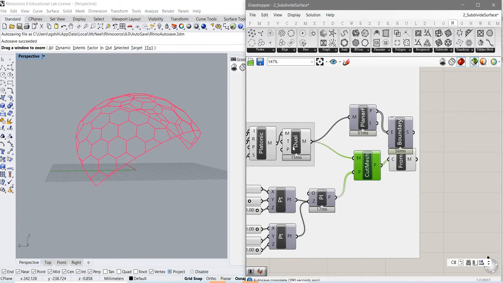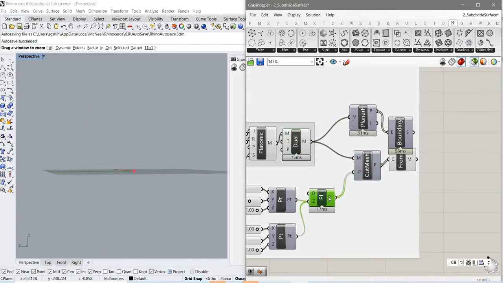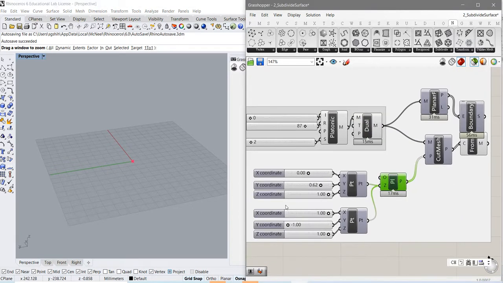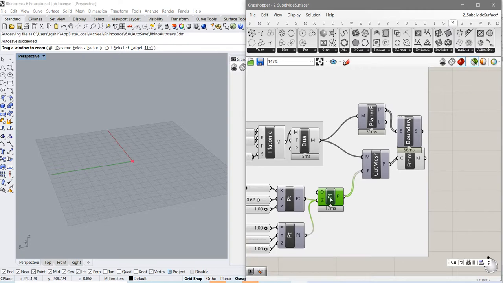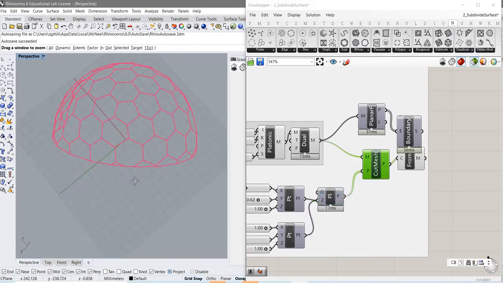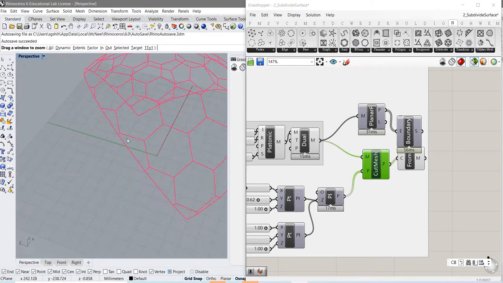We can cut this sphere based on some plane. Okay, here we just simply define some planes, and then we can cut it. Okay, and this component will cut it for us. So it is a very useful operation for architecture designers.